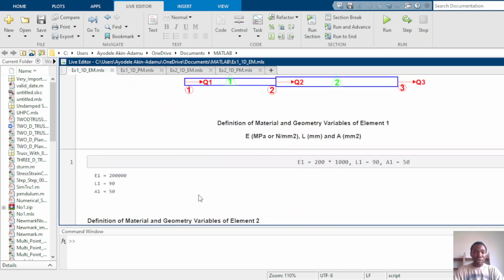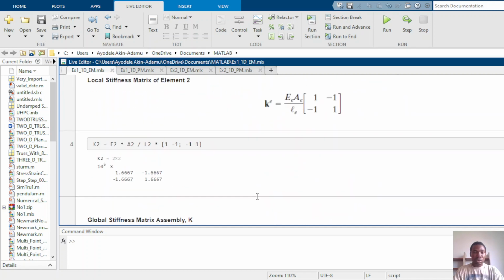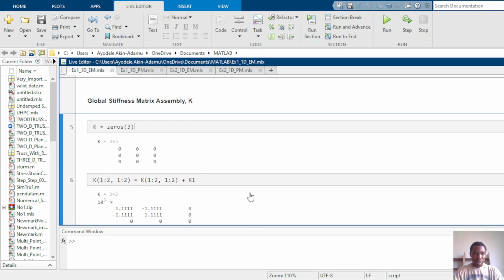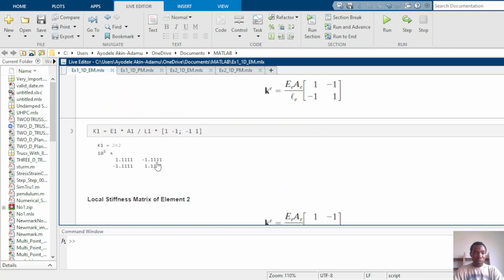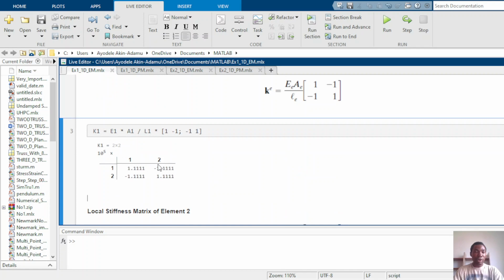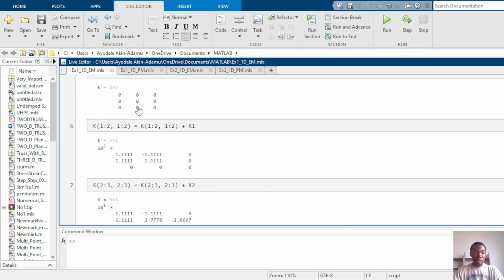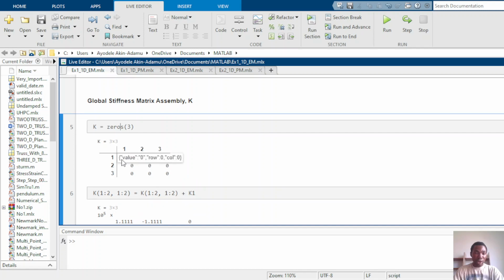And we know that element 1 is between node 1 and node 2. So this is the K1 matrix. The K1 matrix is a 2 by 2 matrix. I want to add it to this zero matrix. But where do you want to add it in the zero matrix?